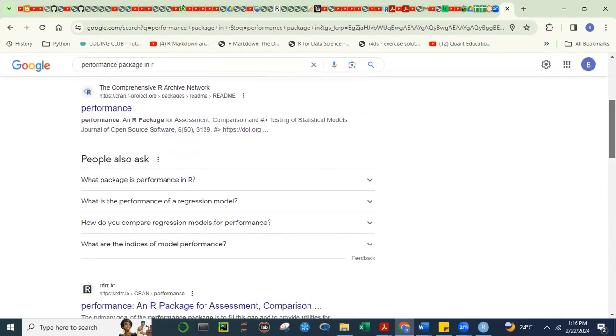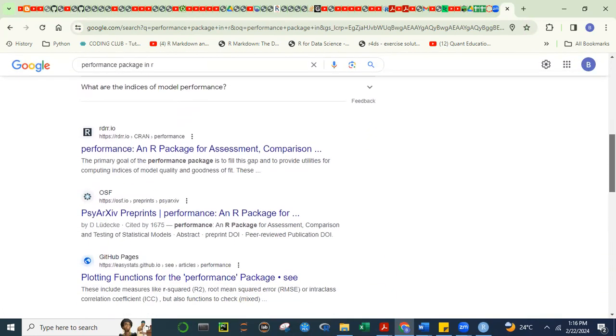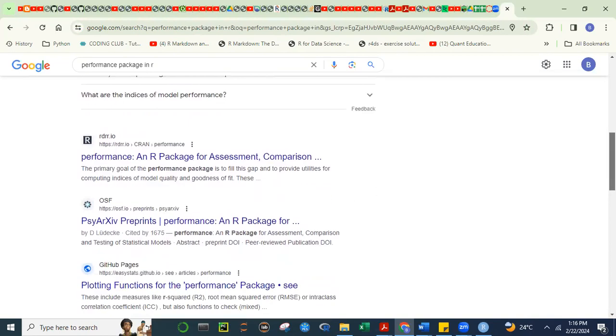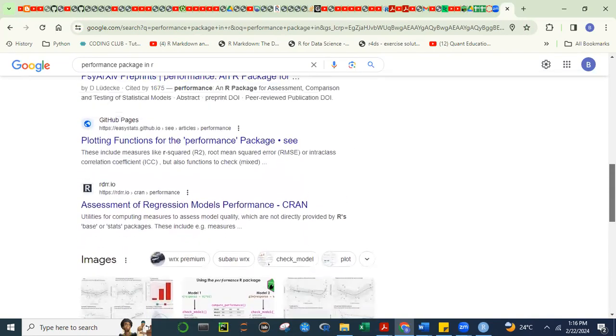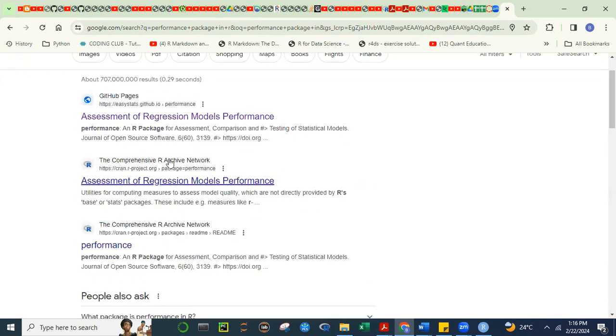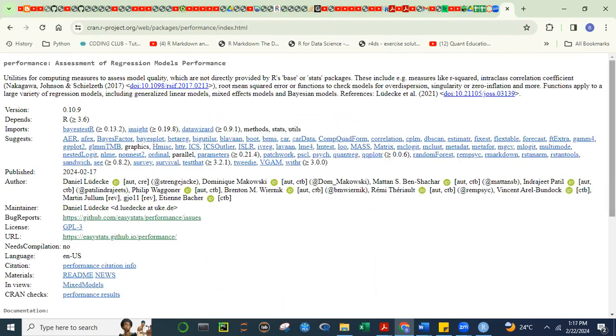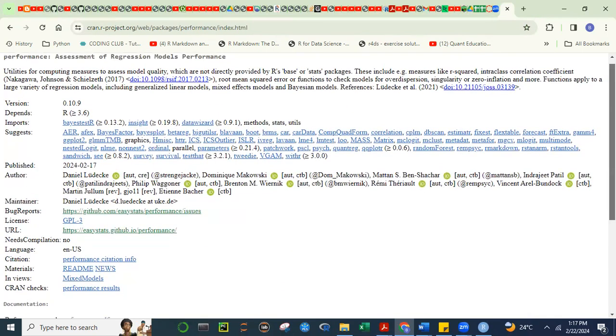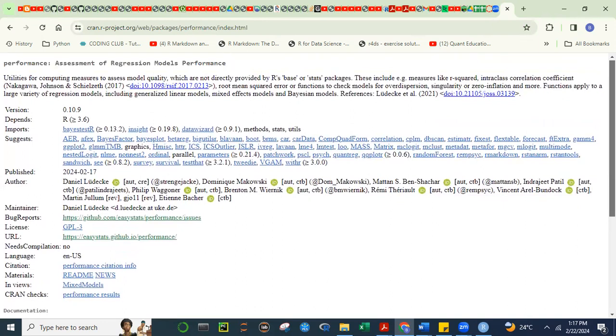I'm looking for the CRAN page. Here it is. CRAN, assessment of regression models performance. And then you can get the PDF here. Where's the PDF?